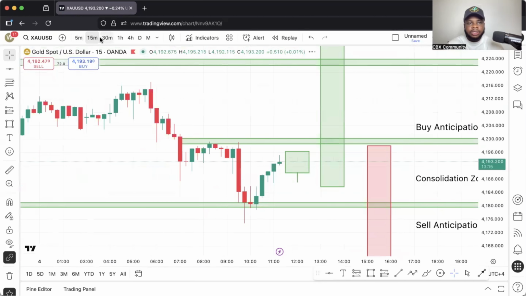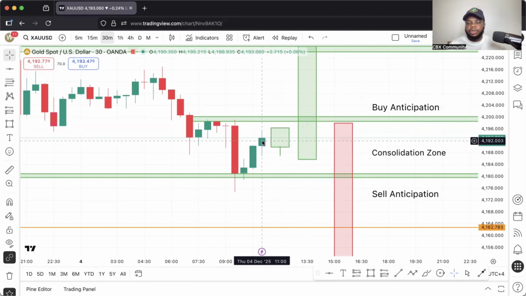So we don't need to do anything right now since this 30 minutes candle is left with 12 minutes before it will close. So let's just be patient.